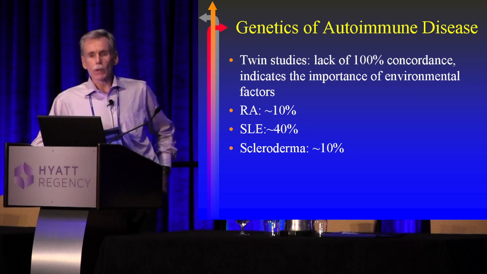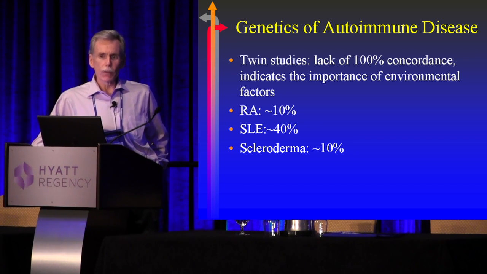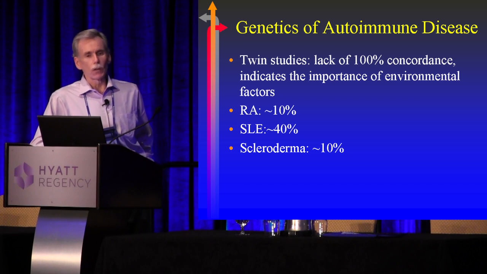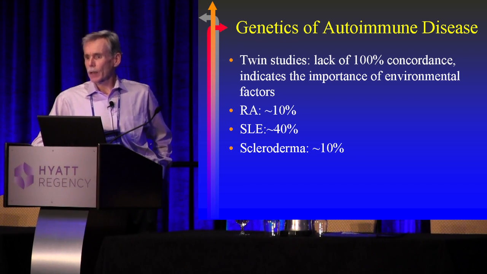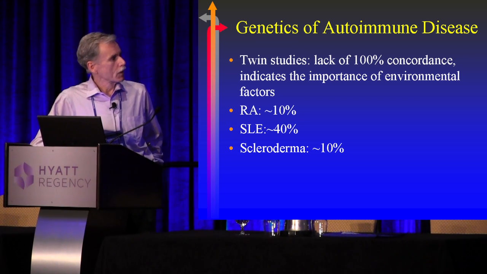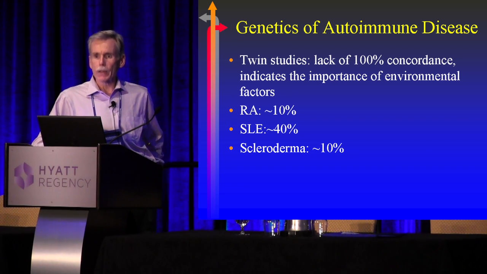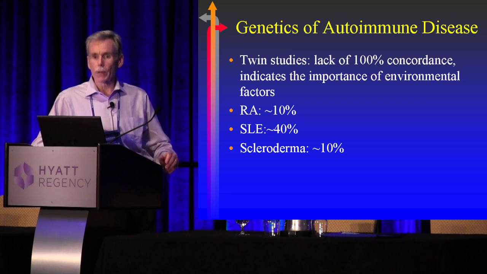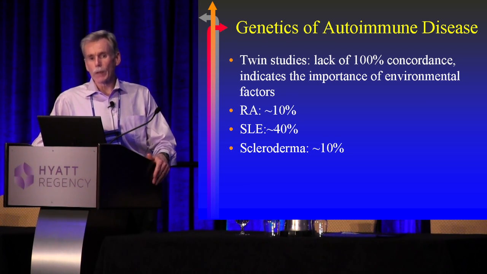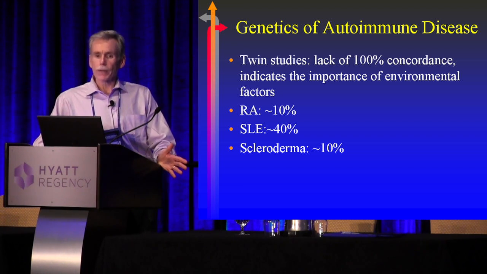Looking at the rate of concordance in identical twin studies tells us a lot about the genetic component to autoimmunity. Specifically, if you have an identical twin with scleroderma and the other member of the twin pair does not, we know from those studies now that the rate that the non-affected twin develops scleroderma over their lifetime is about 10%.